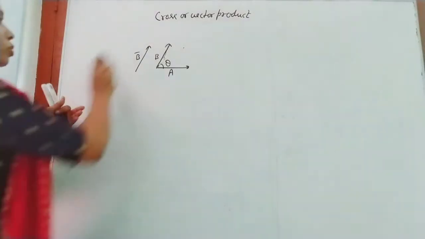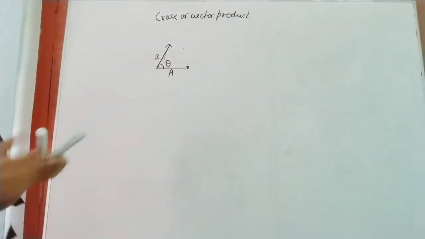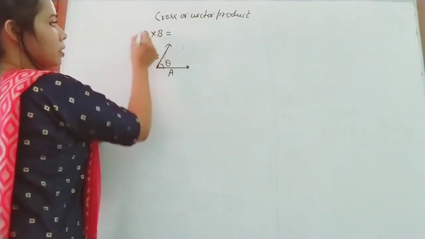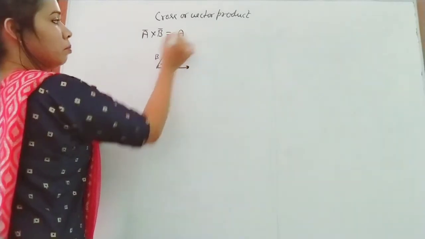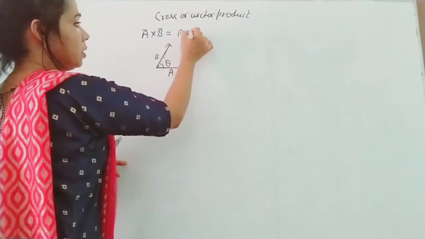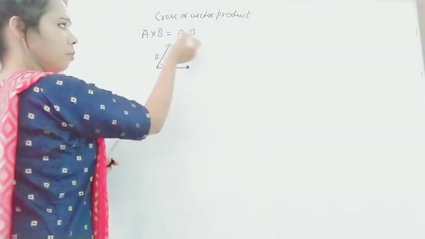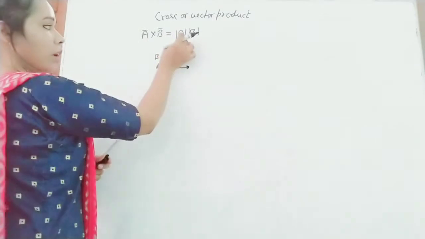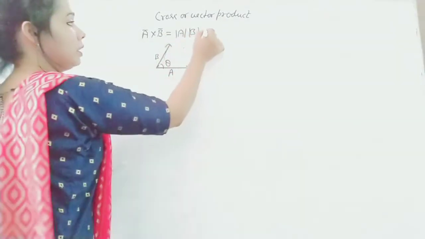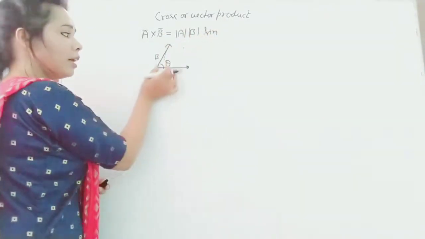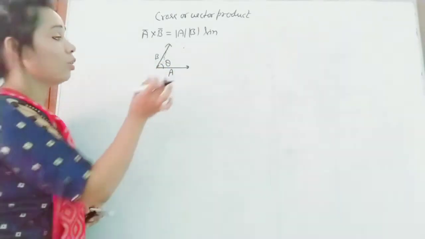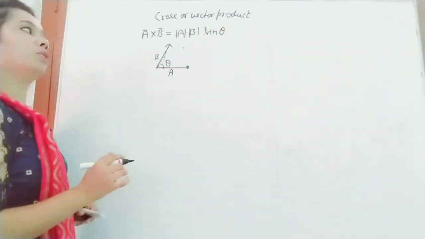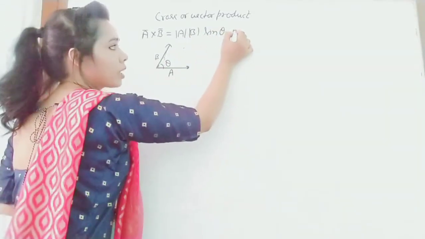A cross B is equal to the magnitude of A, magnitude of B, sine theta, where theta is the angle between these vectors, and unit vector n.